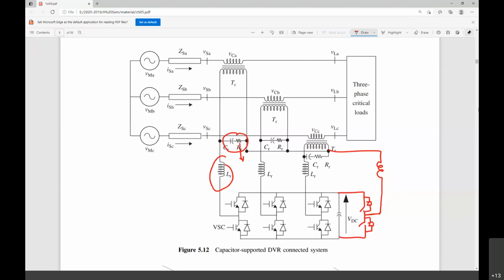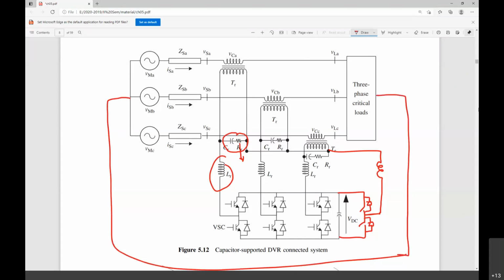But again the source neutral. We have a three-phase three-wire system, and this particular point and this particular point, this is a case of a three-phase four-wire system. This sort of connection they can go for also.